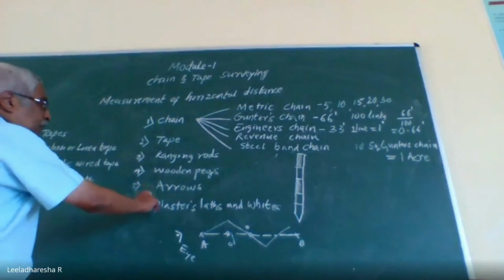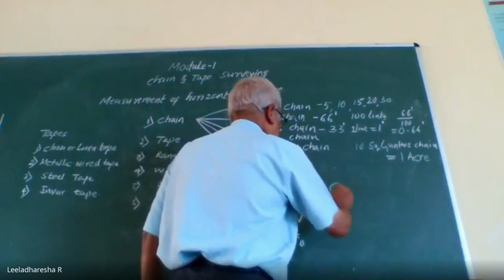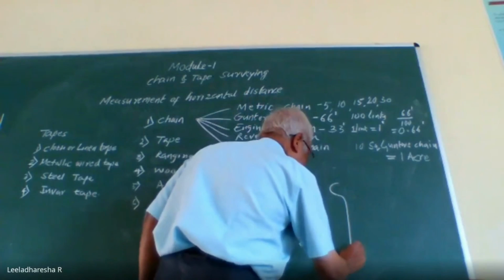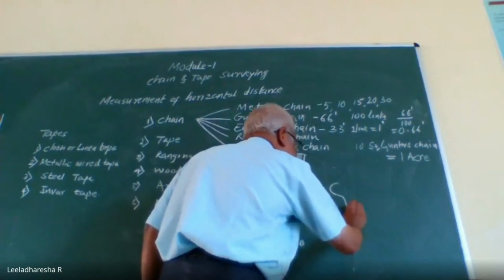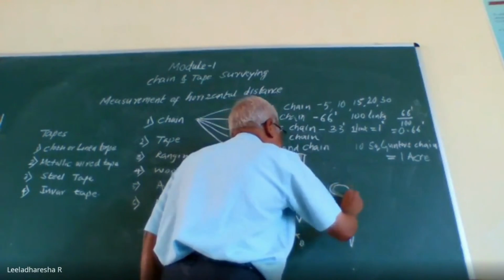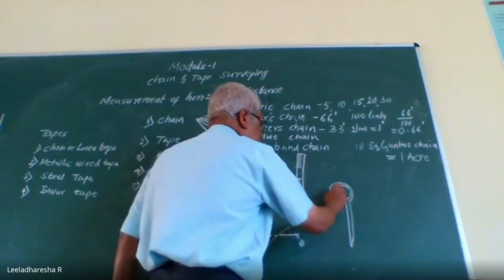Then coming to arrows, in the previous class I have shown this arrow. This is the shape of an arrow. It will have a sharp end at the bottom, and it is bent in a round circular shape.